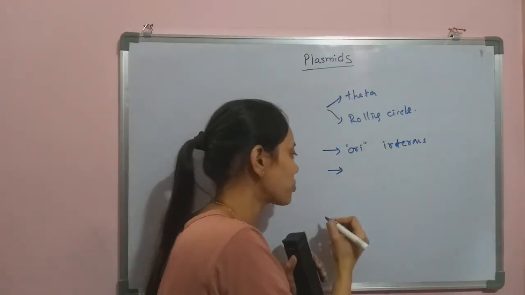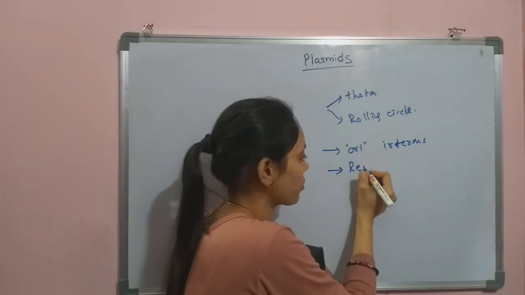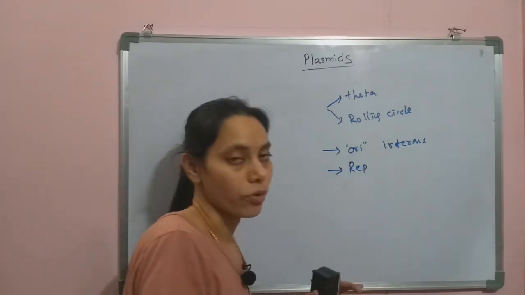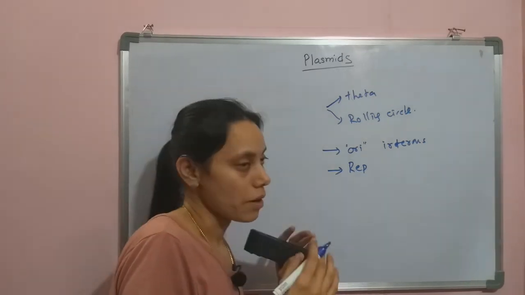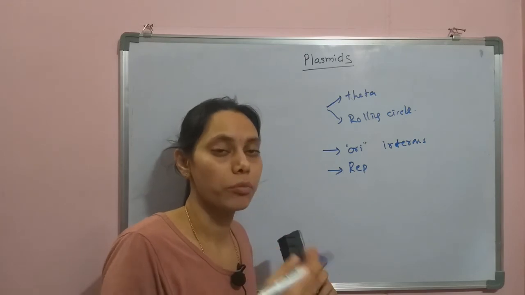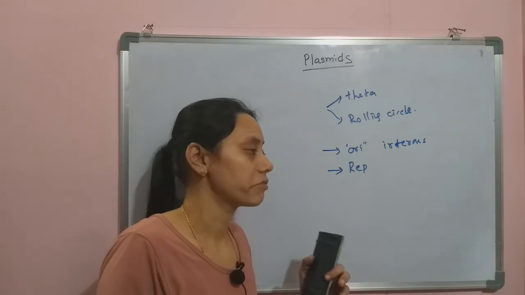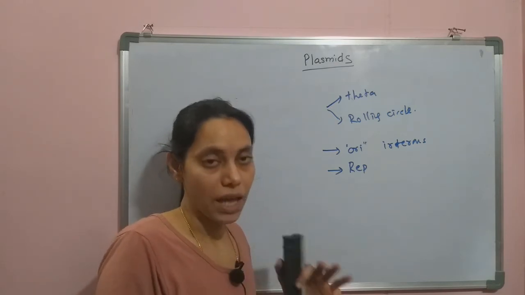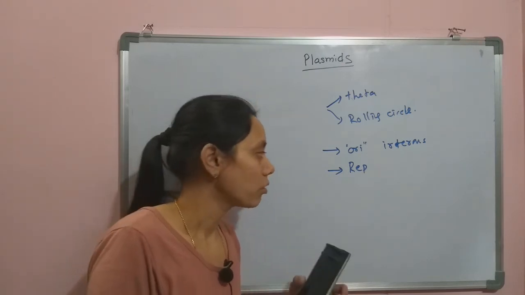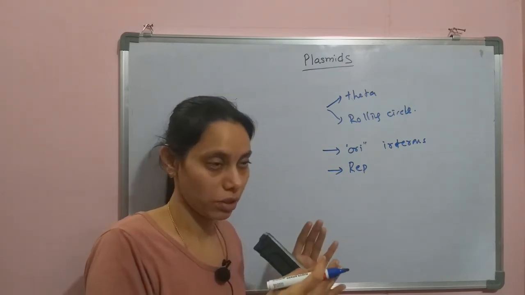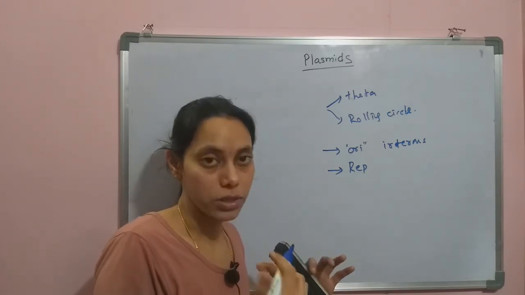The proteins involved in the initiation are mostly Rep proteins. The major proteins involved in replication initiation are Rep proteins, and these Rep proteins are generally coded by the plasmid or maybe by the bacterial chromosome. If they are encoded by the plasmid, they maintain its copy number high, and the Rep protein production will also be controlled so that the copy number will be regulated.